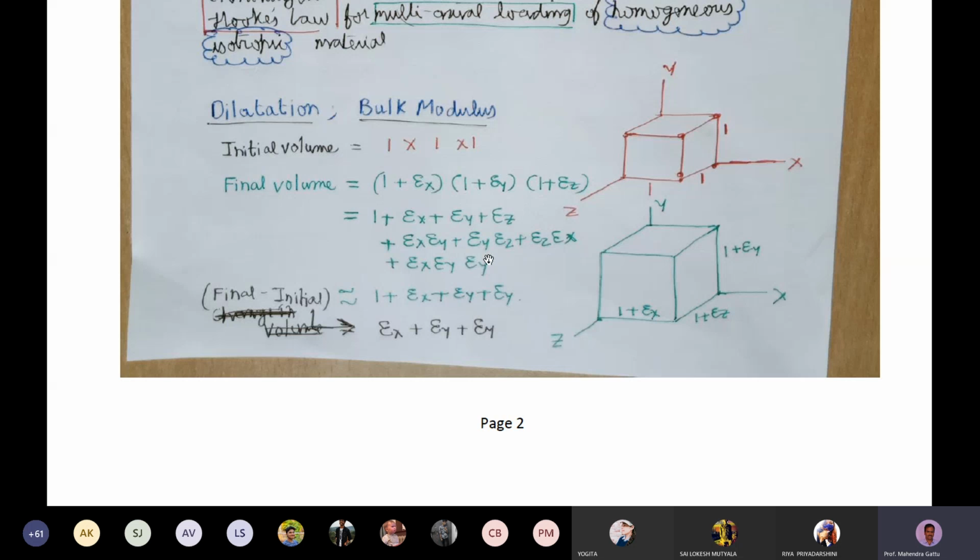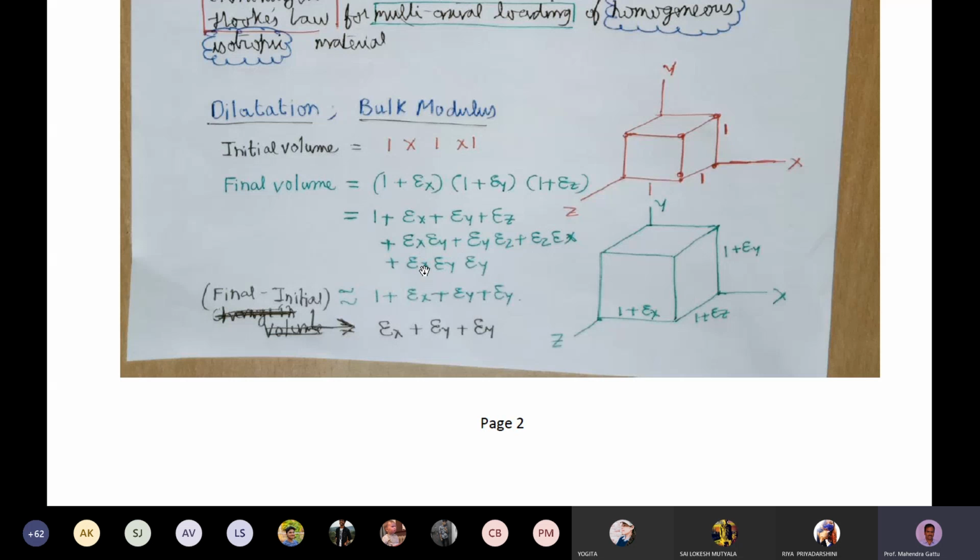Out of these 8 terms, the terms where you are multiplying epsilon x and epsilon y can be neglected because strain values are usually very small, like 10 power minus 3, 10 power minus 4. Multiplying again with 10 power minus 3 or minus 4, it will become 10 power minus 8. So we can neglect these terms when compared to the single terms in the first row.